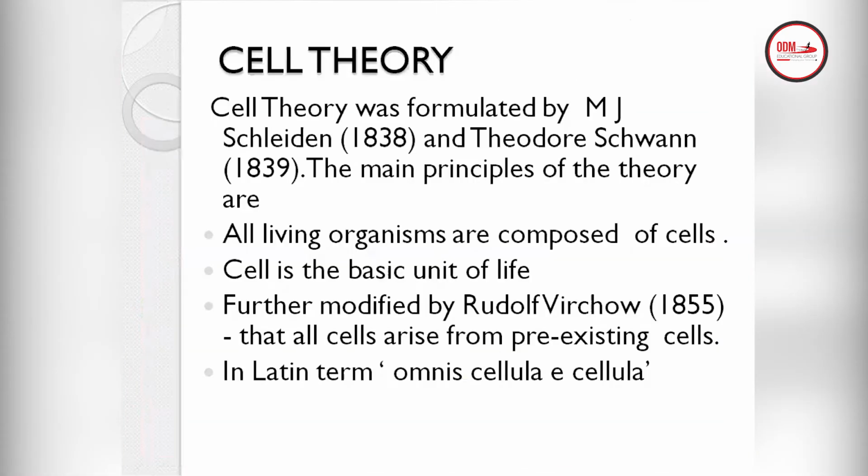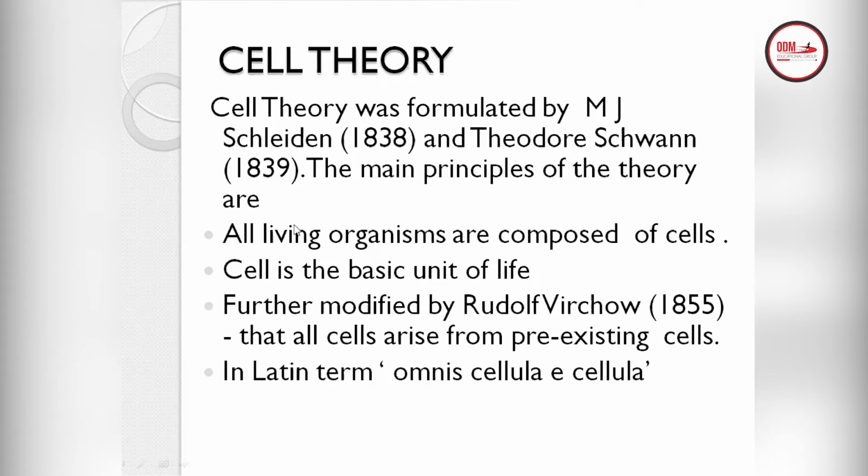Next, let us come to the cell theory. Cell theory was first formulated by M.J. Schleiden and Theodor Schwann, both German biologists. M.J. Schleiden, in the year 1838, made observations after studying plant cells, whereas Theodor Schwann studied animal cells in the very next year, 1839.